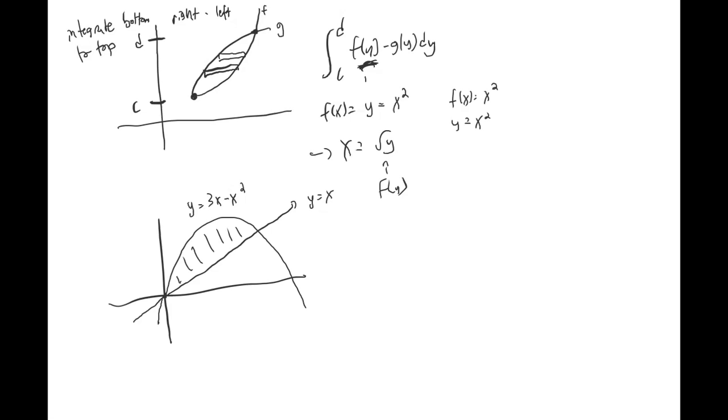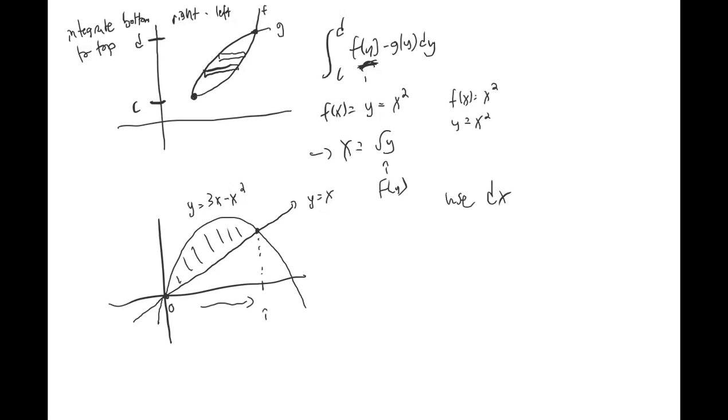Okay, so let's use dx, not dy, since that's what you're used to. I'm integrating left to right, so obviously my starting point is 0. That's easy. And I integrate all the way to this point right here. Now, what is the x value here?